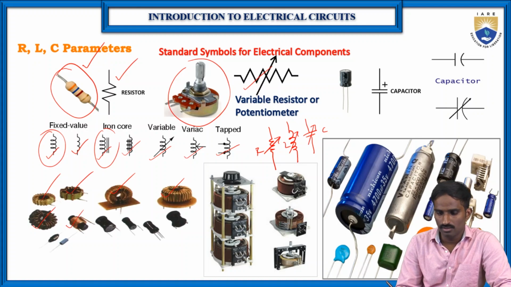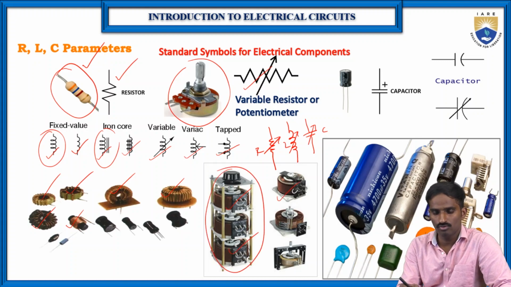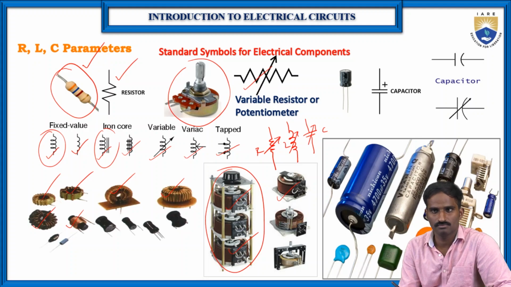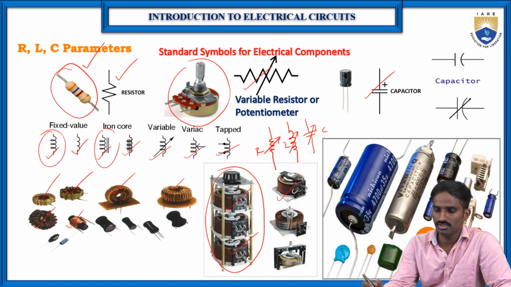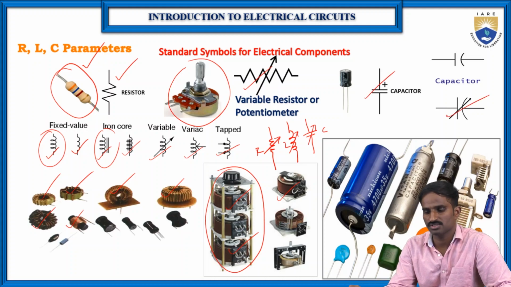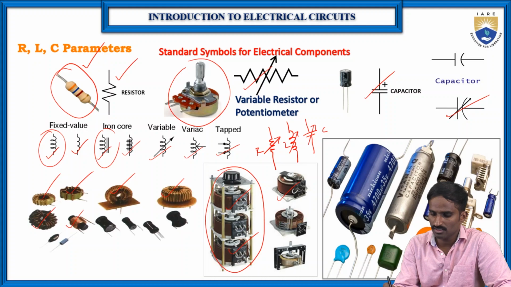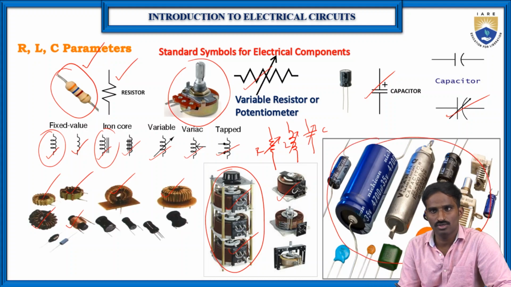This one is in a transformer, showing how the coils are placed. Similarly, this is the fixed constant capacitor, this is the variable capacitor, and these show how the capacitors physically look.